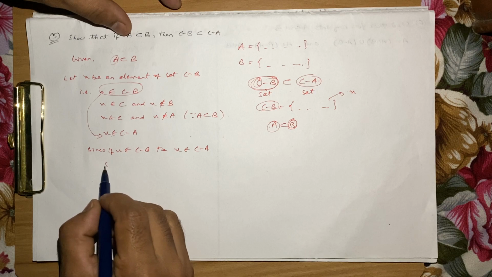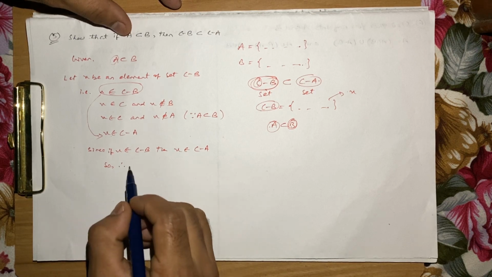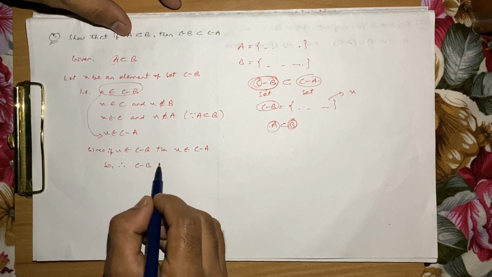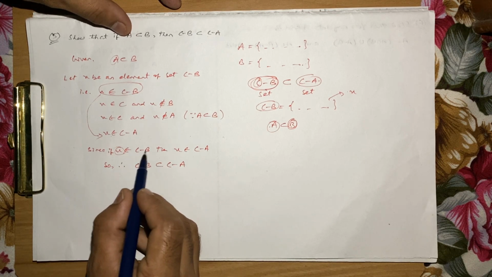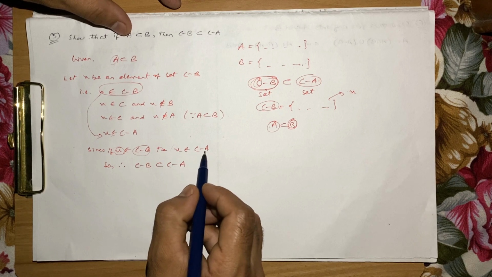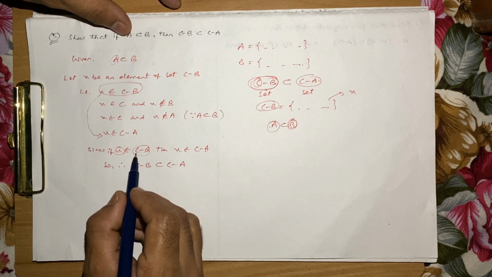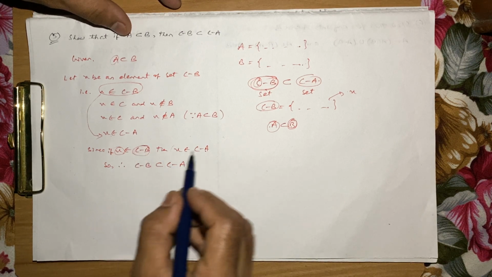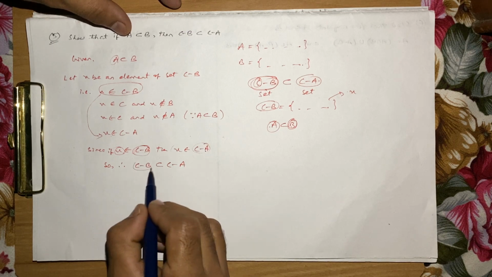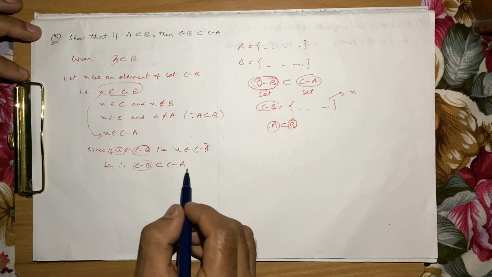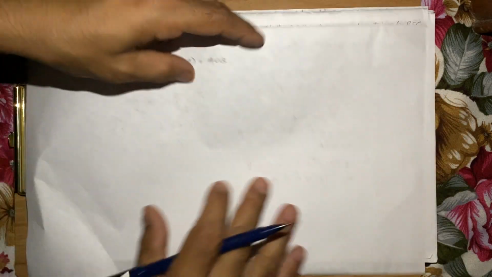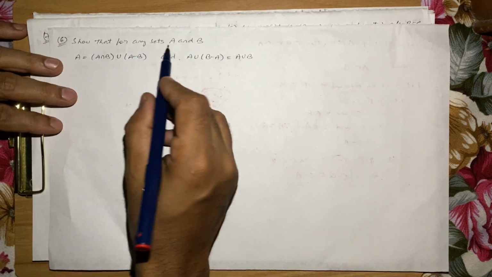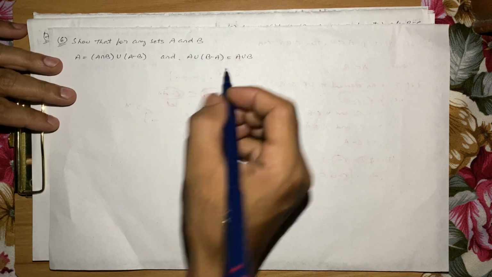Okay, therefore you can write C minus B is a subset of C minus A. Okay, because X is an element of the set C minus B, X is also an element of the set C minus A. Means what? All the elements that are present in this set are also present in this set. Means this C minus B is a subset of C minus A. Hence proved.